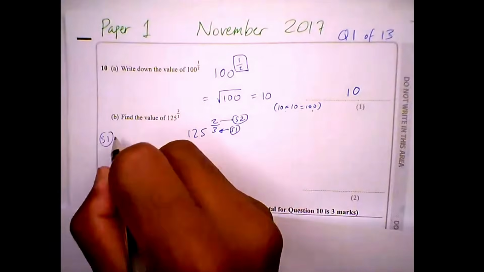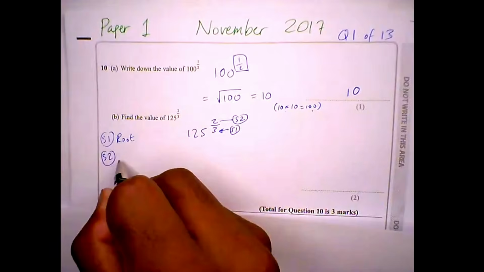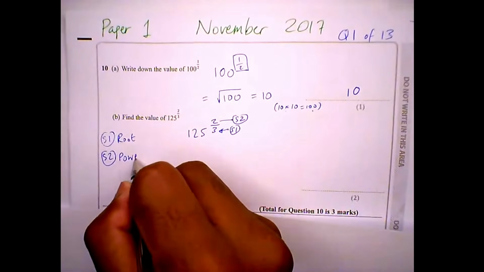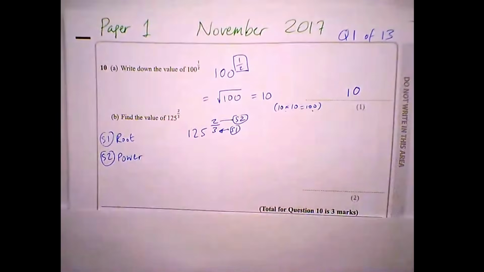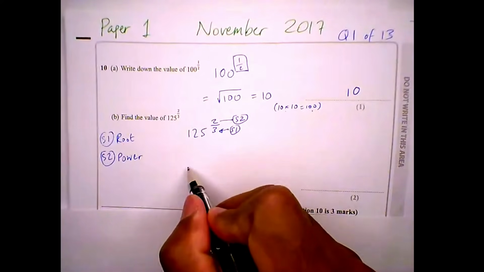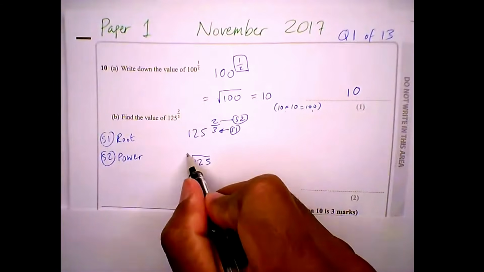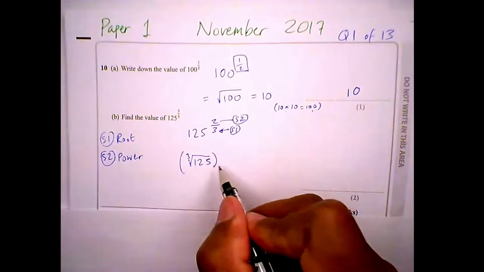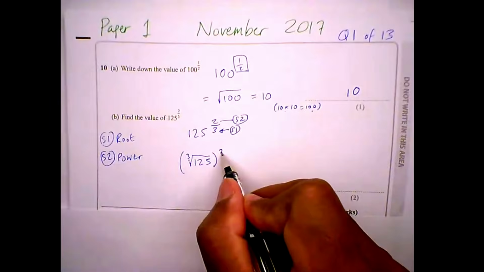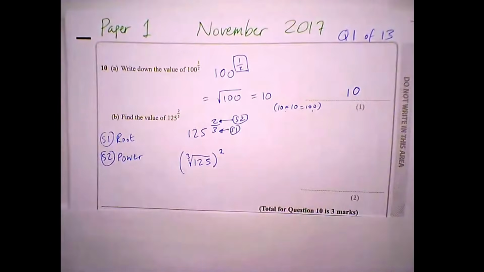Step 1 is I find the root, and step 2, I raise it to the power. If I look at step 1, the cube root of 125, and then step 2 is I square it.